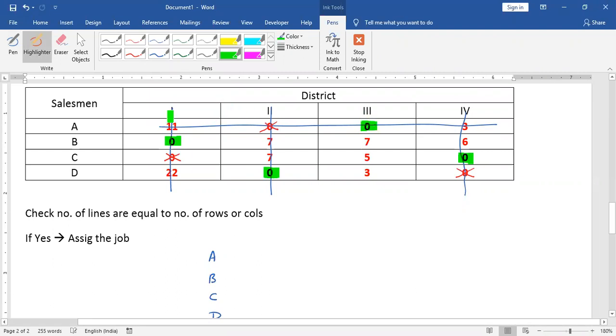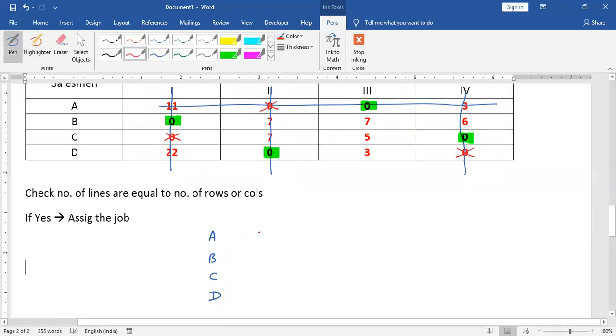So ultimately, we are going to assign A to the third district, B to the first district, C to the fourth district, and D to the second district.